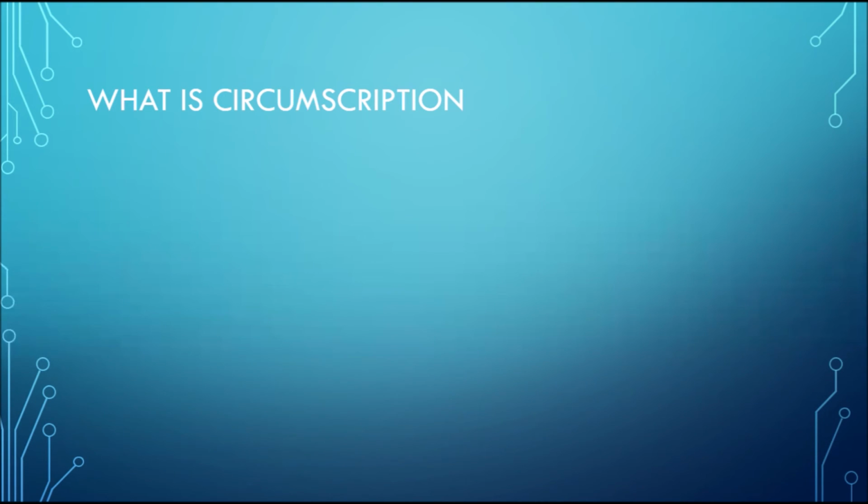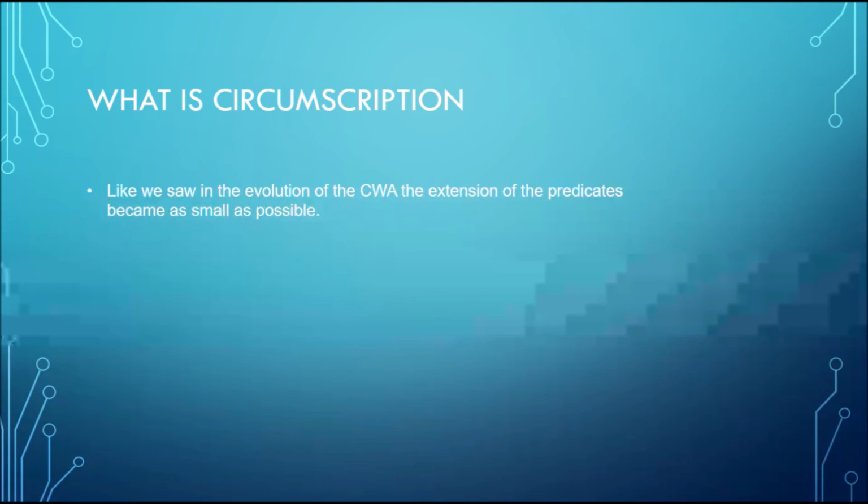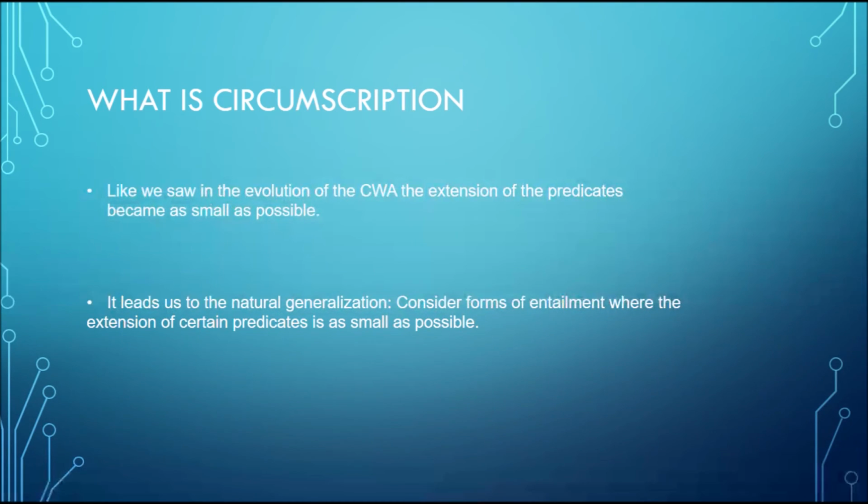What is circumscription? Like we saw in the evolution of the CWA, the extension of the predicates became as small as possible. It led us to natural generalization. Consider a form of entailment where the extension of a certain predicate is as small as possible.